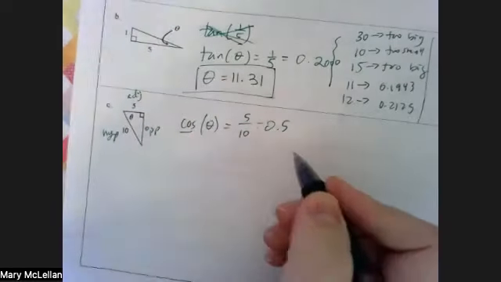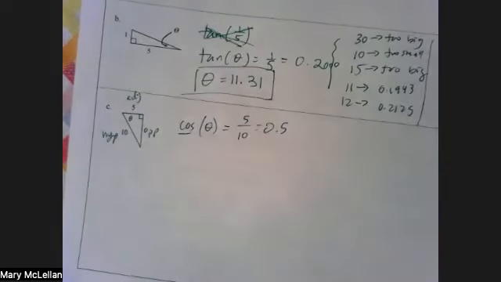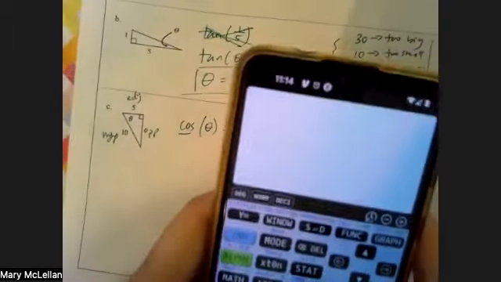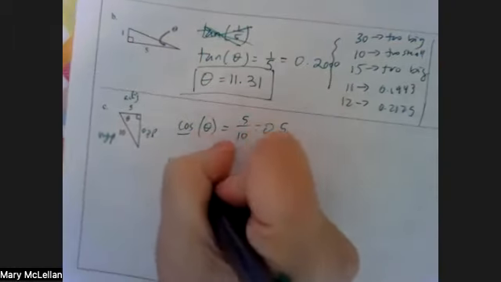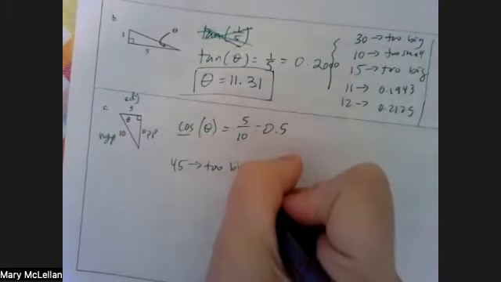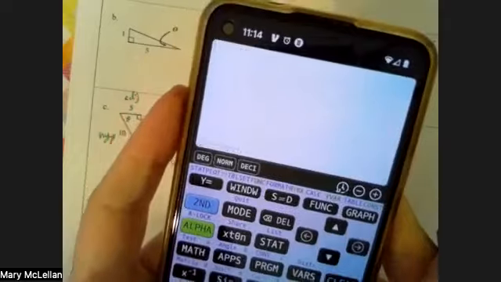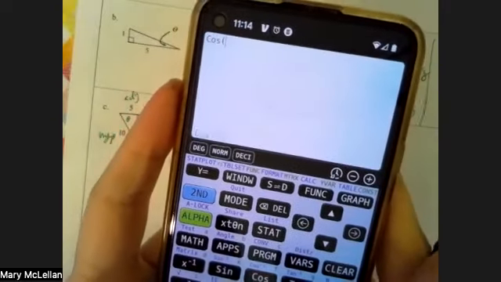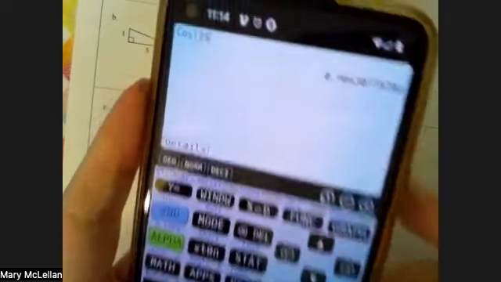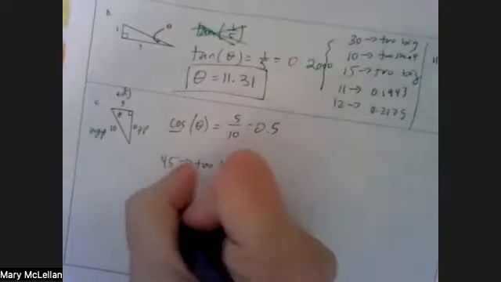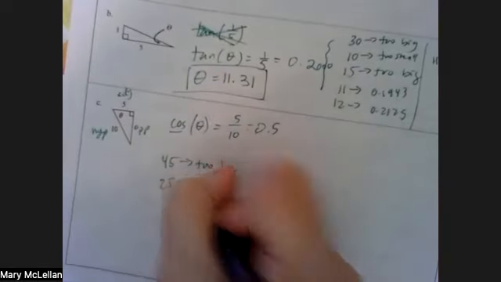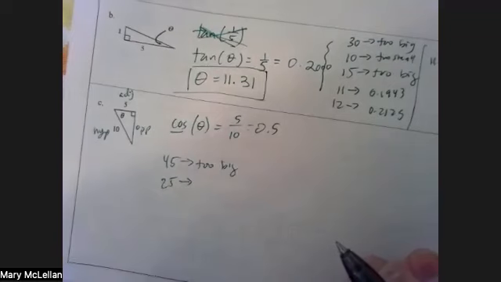Okay, I need cosine of theta to be 1/2. I'll try 45 degrees. Cosine of 45. That's 0.7, too big. 45, too big. I'll try 25. Cosine, oops, press clear. Cosine of 25. Too small, that's about 1. Wait, too small.